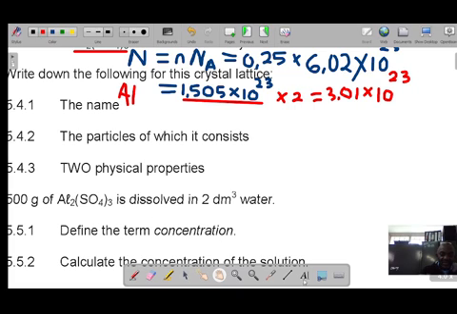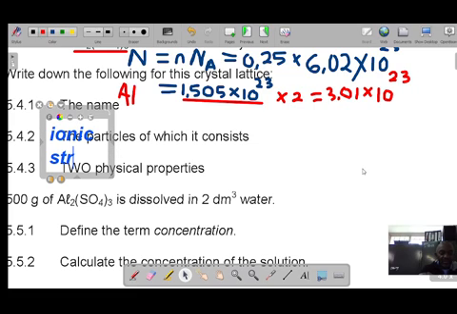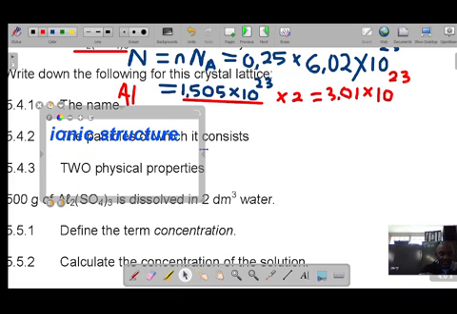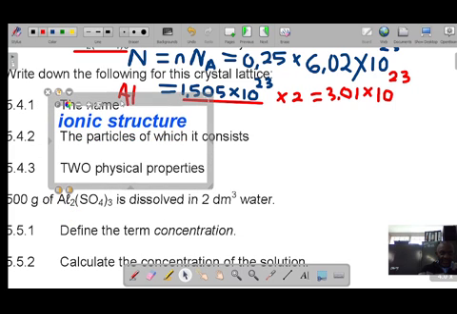Our name here is ionic structure, formed by the positive ions from aluminium and the negative sulfate ions. Okay, let us proceed.